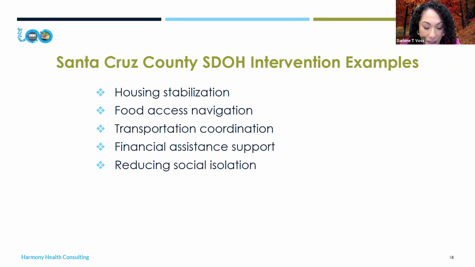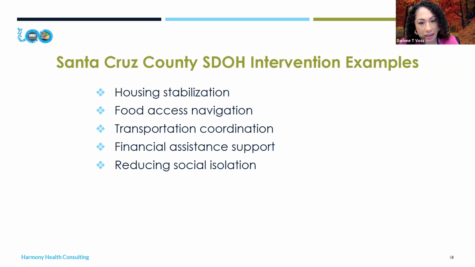We have Project Room Key, CAB emergency rental services. These are all just some actual concrete ways that we can support with housing stabilization. And again, there's so many other options, and we're meeting the client where they're at. So whatever that may look like, just suggestions.